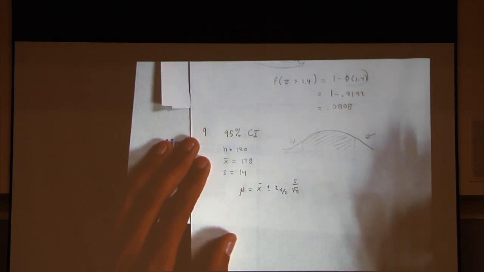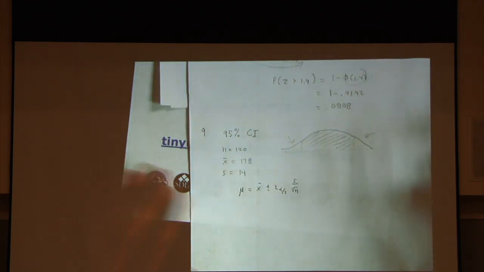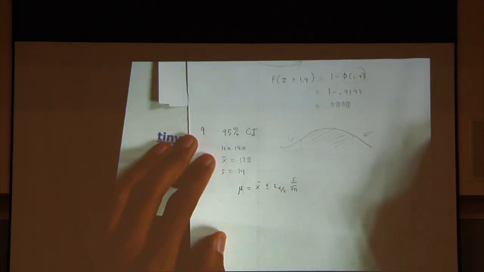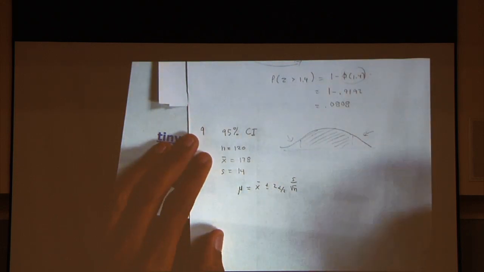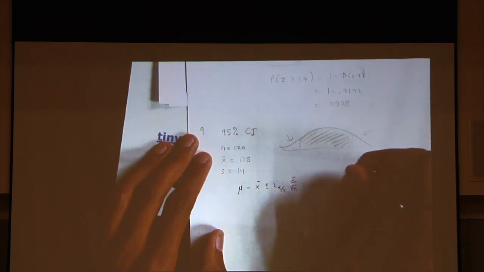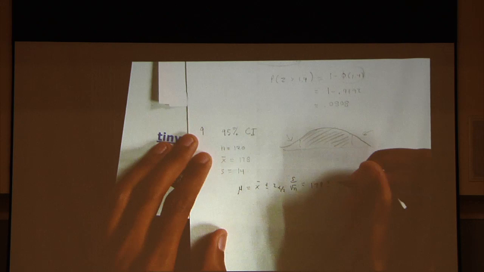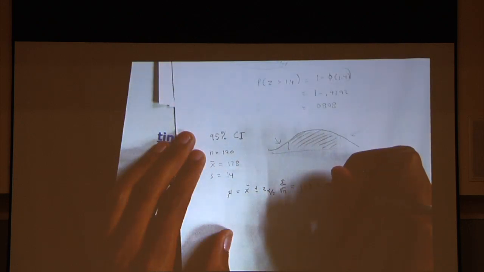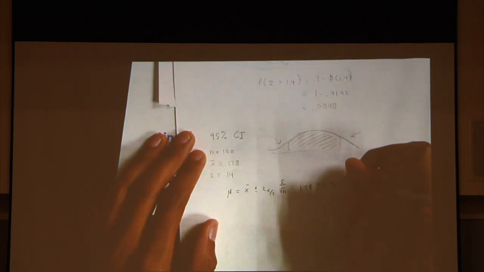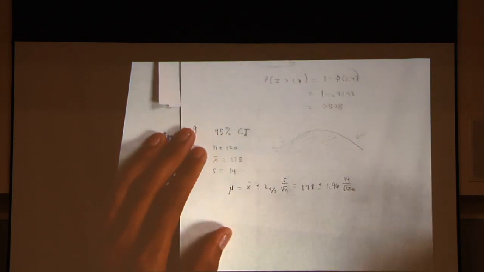Is it how narrow, how wide of a confidence interval you actually want, right? So for this case, we're going to have 178 plus or minus 1.96 times 14 over square root of 120, right?